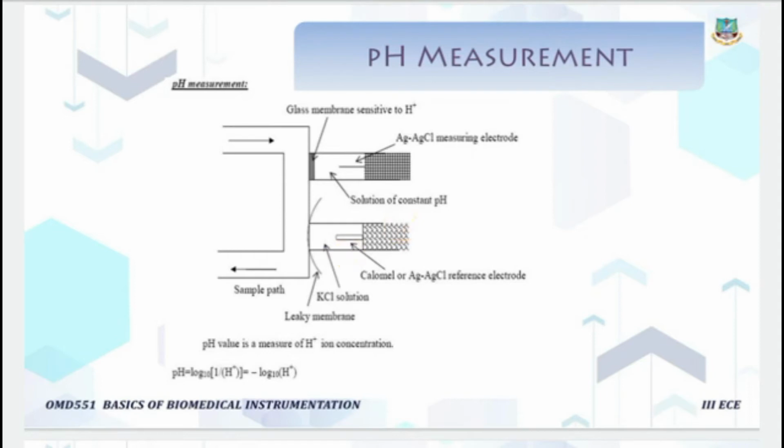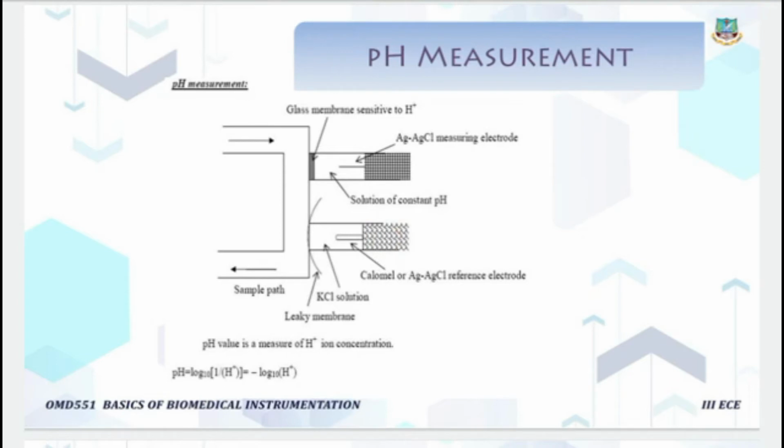This is closed by a leaky membrane. This leaky membrane is used to permit the current flow from the reference electrode through the sample in the sample chamber to the measuring electrode.